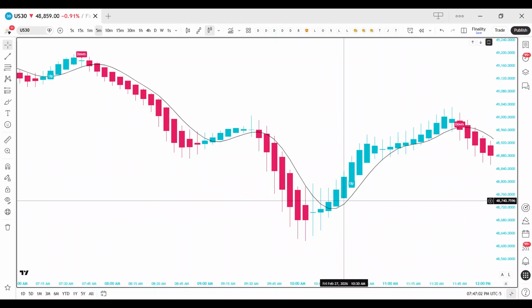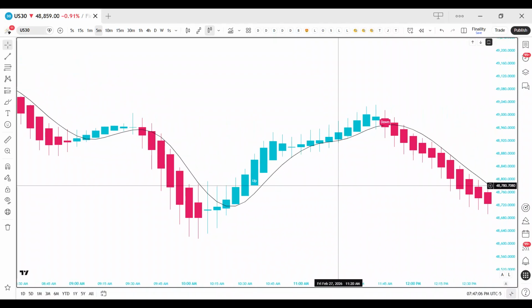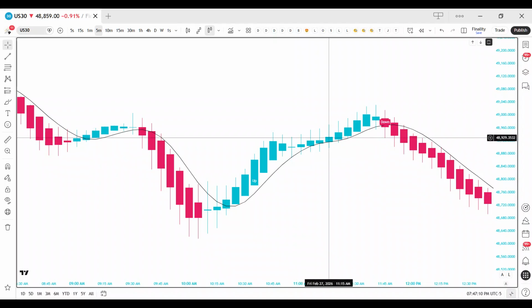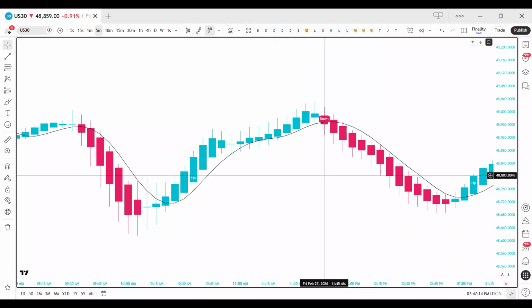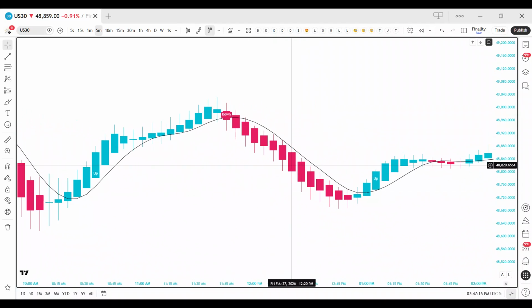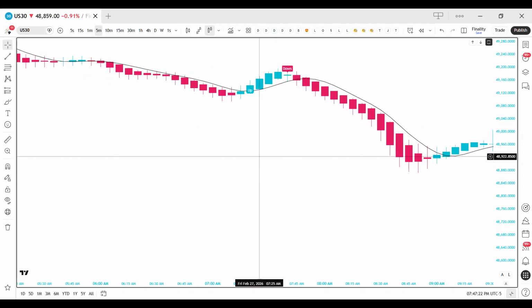There's no wicks on the bottom of it, and it's progressively getting bigger. That is not the same as this right here. Wicks on both sides, still moving up, but wicks on both sides is kind of choppy. Same thing here, good, but it's telling you it's kind of choppy.